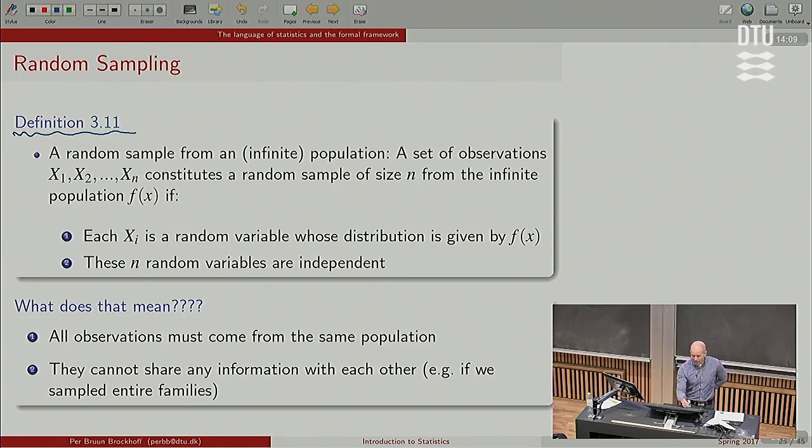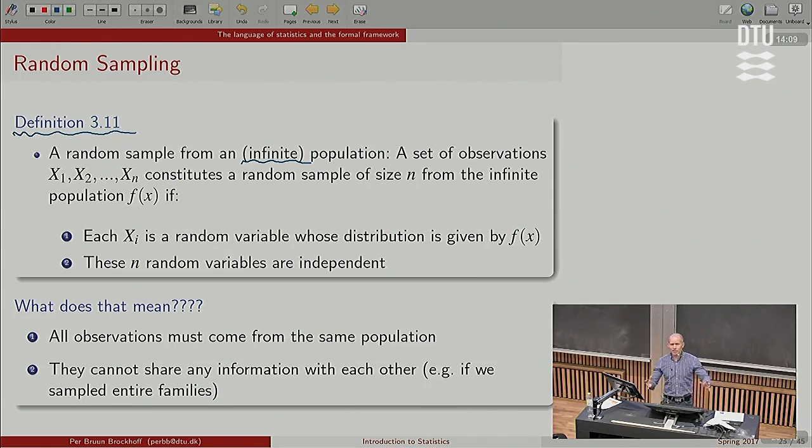We say that a random sample from a population that is considered infinite now, because we're not going to spend time, but we could have finite populations, we can have infinite populations. Mostly in science, populations are a bit more abstract and are infinite.